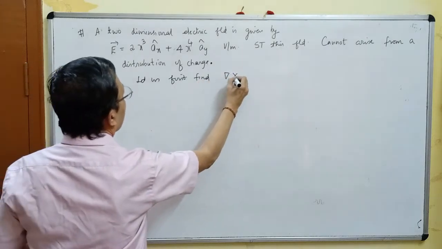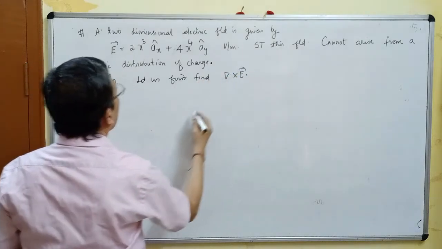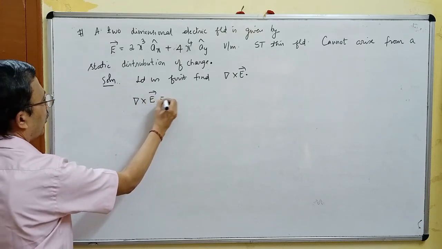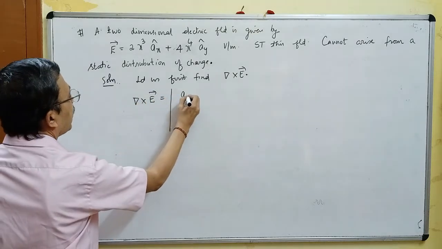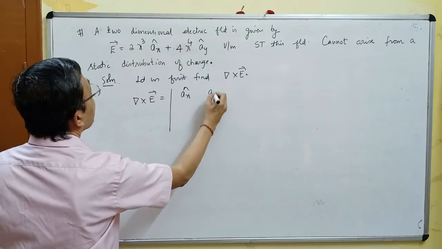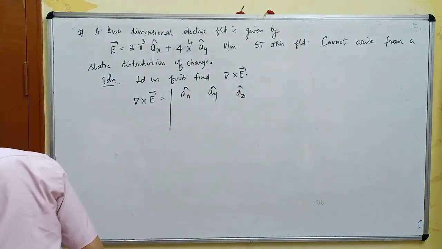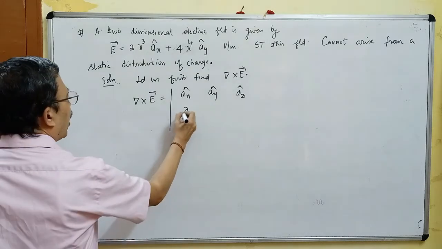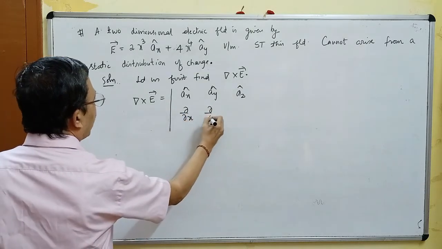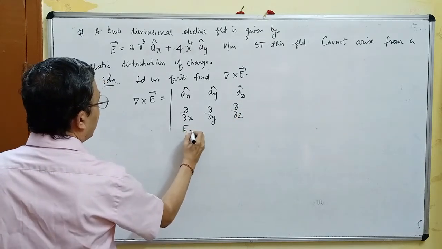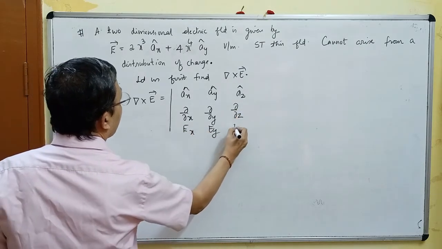Solution. Let us first find del cross E. The problem is given in Cartesian coordinate system. Therefore, del cross E is equal to determinant a_x cap, a_y cap, a_z cap, dou by dou x, dou by dou y, dou by dou z, Ex, Ey, Ez.